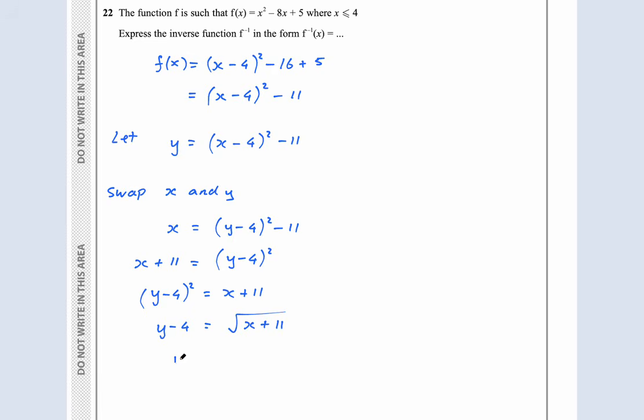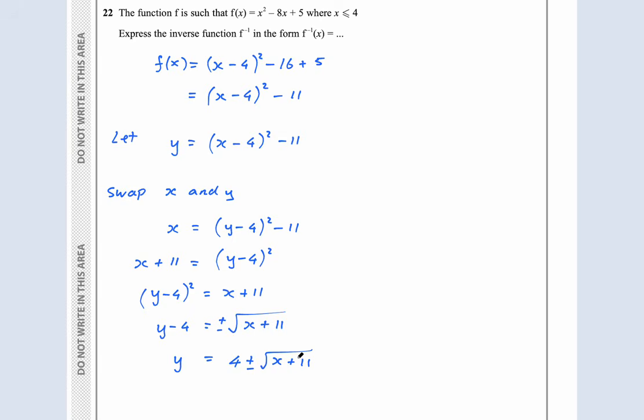And then y has to equal this plus 4, so 4 plus the square root of x plus 11. Or sorry, it's plus or minus. I should have put that here actually. It's plus or minus.